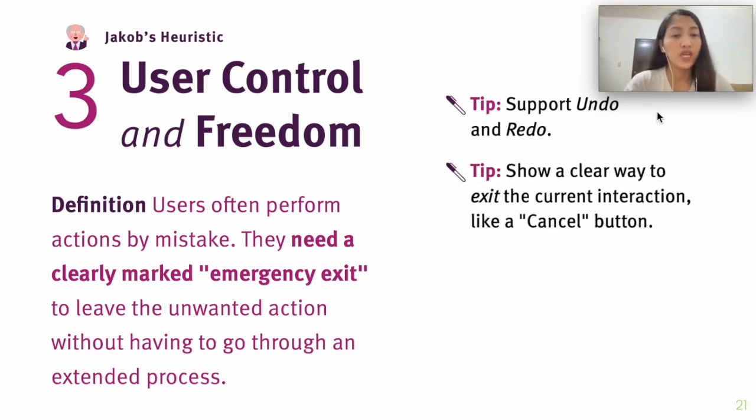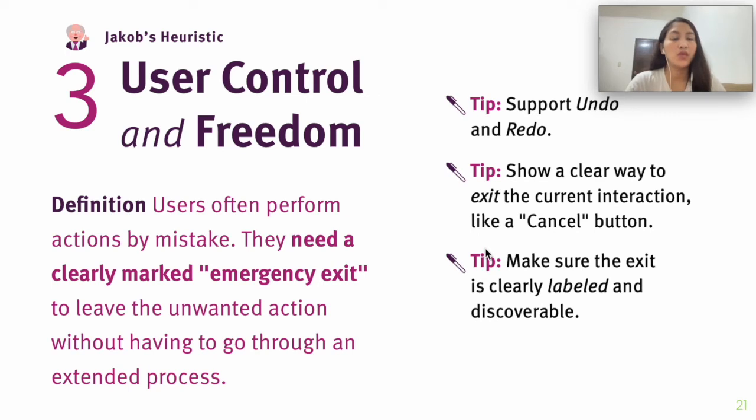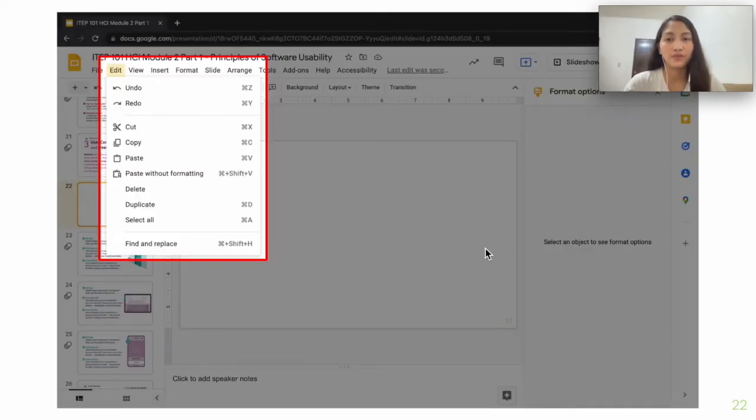Second, show a clear way to exit the current interaction. So halimbawa, they have created a mistake na hindi nila intended, kailangan meron kang clear way to exit, like a cancel button. And then the third tip is to make sure that the exit is clearly labeled and discoverable.